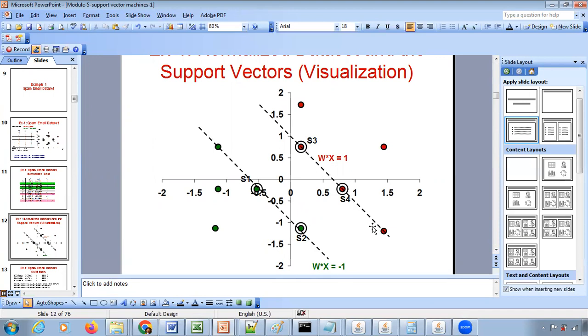Similarly, this line seems to go through this other red data point here as well. But just to be on the safe side, we don't include it, because we need to have two parallel lines. That's very important. If the data points that we choose as support vectors don't lie on a parallel line, then the math will not go through. You will end up with nothing.